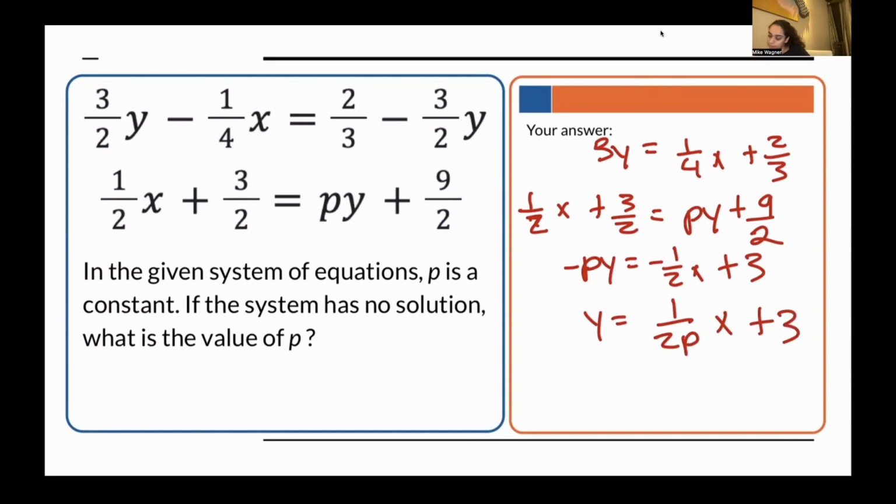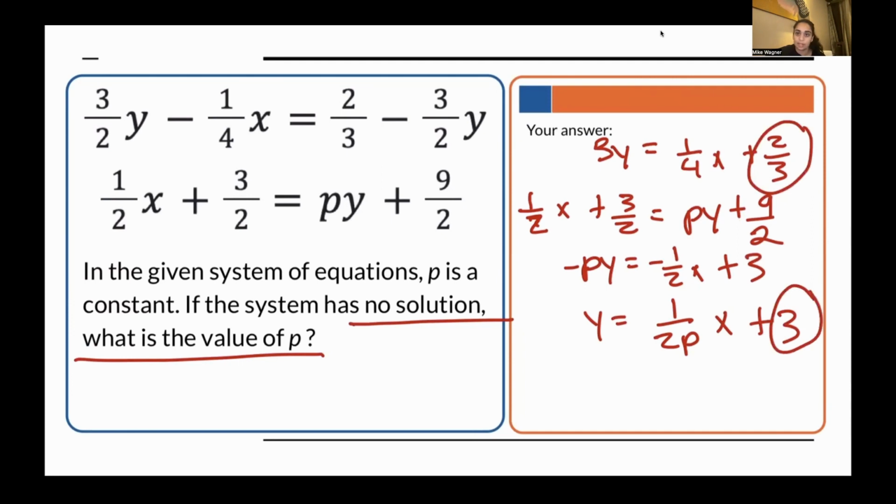And if the system has no solution, that means the lines are parallel, so the y-intercepts are different. They're 2 over 3 and 3, so we know that. All we need is to make 1 over 4x equal 1 over 2px.